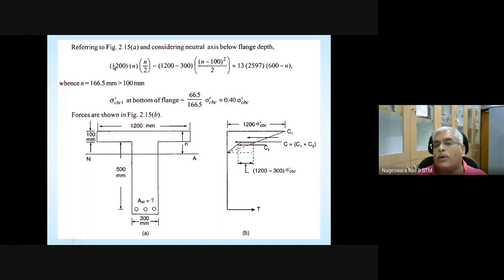You see, this entire T portion is divided into rectangles. 1200 multiplied by n divided by 2. And then 1200, this entire thing is taken as one rectangle, and then these two rectangles are subtracted.